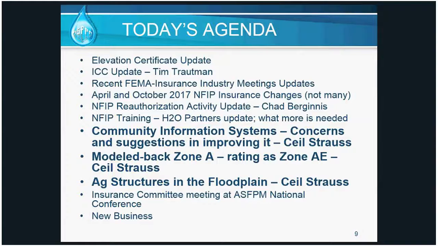And so the question is, as we're getting some of the better model-backed A zone information, that really shouldn't be treated the same as an approximate, or where you're using highest adjacent grade to figure out what the rates are in an A zone. In some cases our model-backed A zones are actually better than some of the detailed studies that we've got that were done originally in the 70s and 80s.